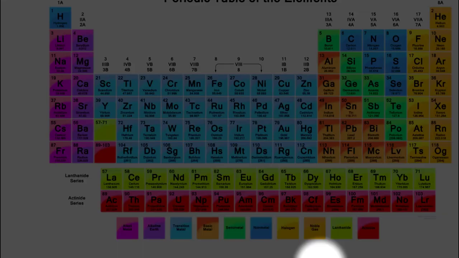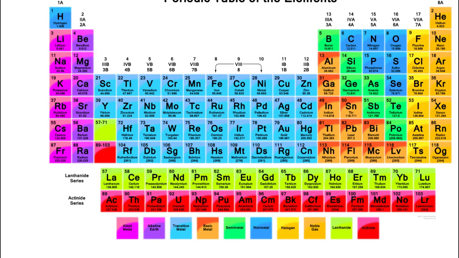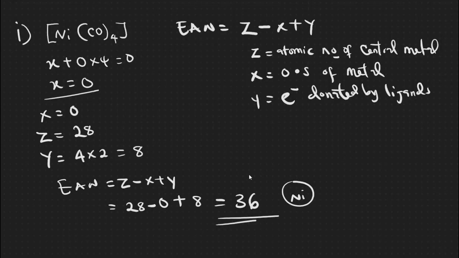On the periodic table, 36 is krypton, which is the noble gas in the same period with nickel. This is period 4, and krypton is the noble gas found in that period. After the calculation of our effective atomic number, we found that it is equal to krypton. So we're going to say that this one obeys the effective atomic number rule and is going to be stable.